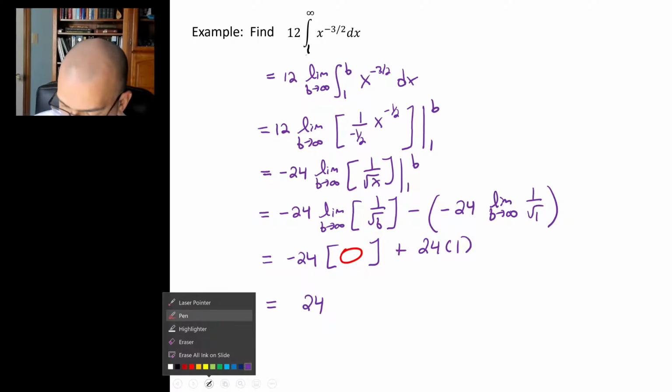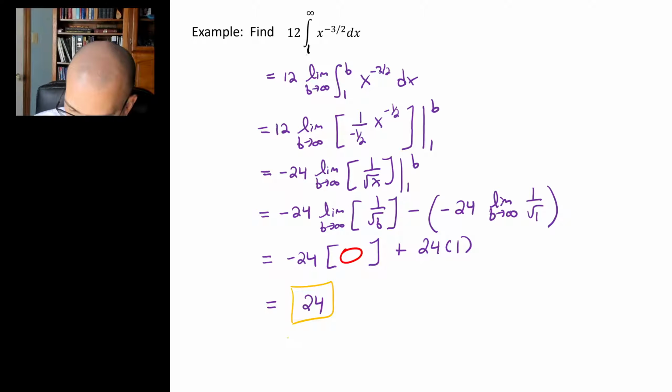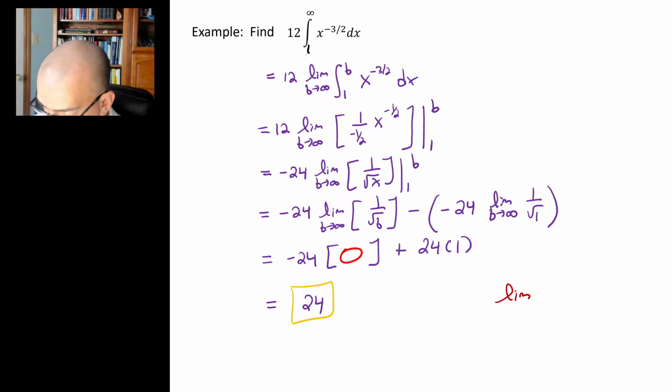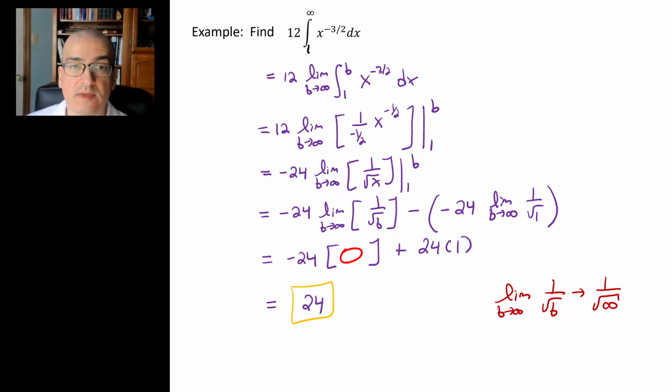And I'll explain where the 0 came from. The limit as b approaches infinity of 1 over the square root of b goes to 1 over the square root of infinity. Well, what number can you multiply by itself to give you infinity? That's what square root means. Square root of 4 means what do you multiply by itself to give you 4?